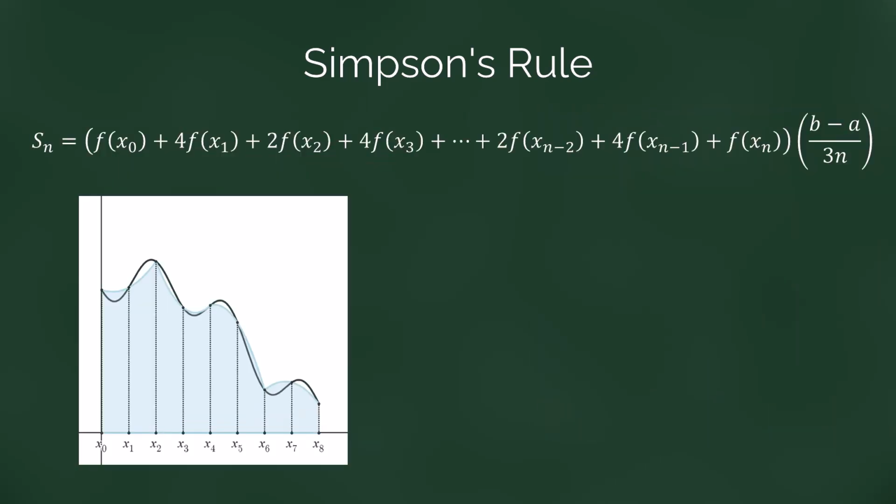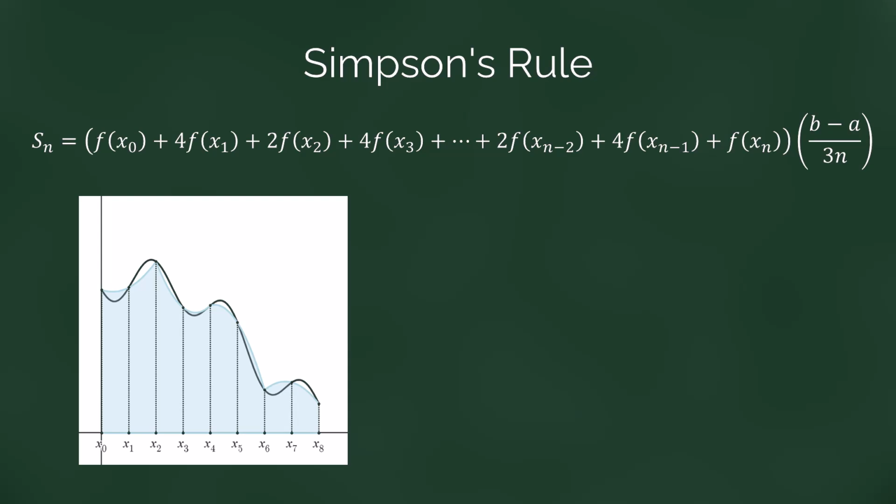The process of creating the correct parabolas and then finding the area underneath them is a little more complicated than it is for rectangles and trapezoids. And so we can see that the formula for Simpson's rule looks a little more complicated and chaotic than the other two. However, once you get the pattern to it, it's not too bad.